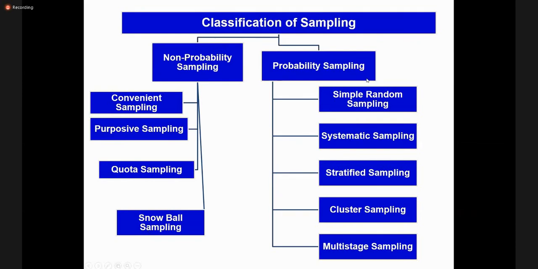In probability sampling, where there is a probability for everyone in the sampling frame to become part of the sample, there is simple random sampling, the most basic kind of probability sampling, and all the others are derived from it: systematic sampling, stratified sampling, cluster sampling, and multi-stage sampling.